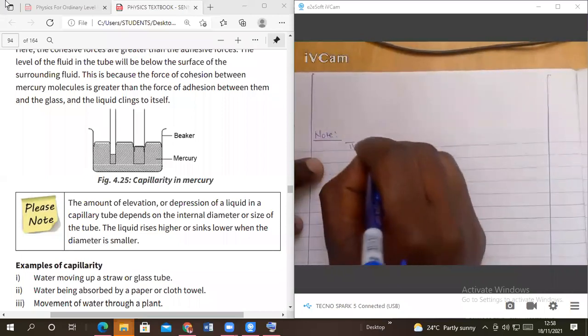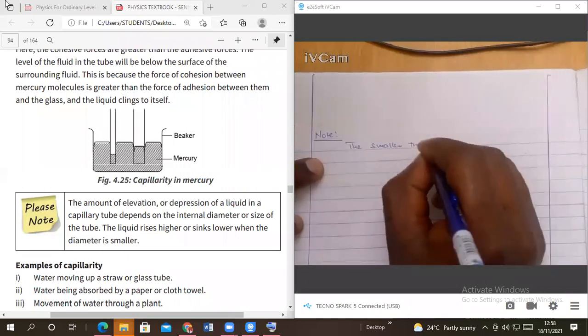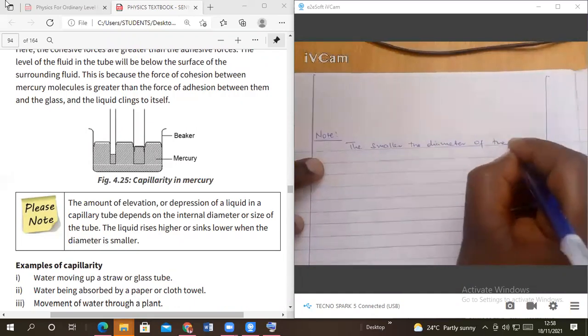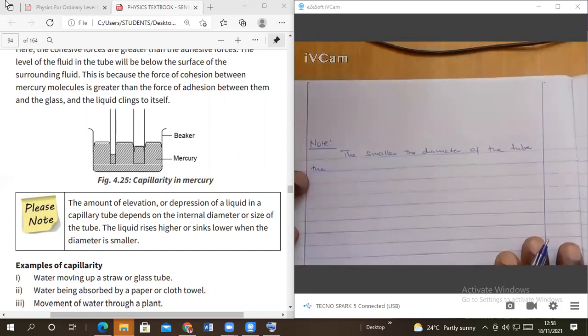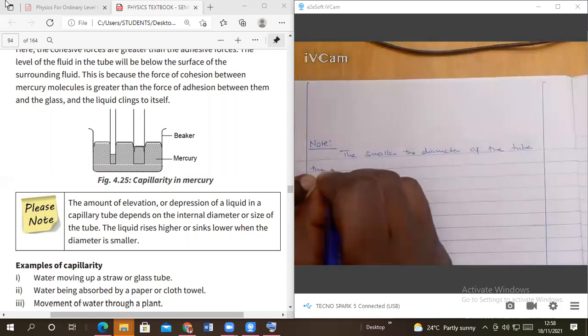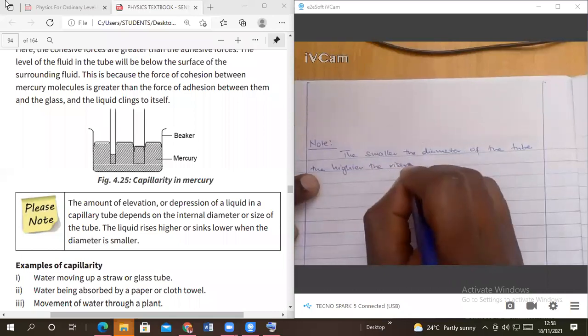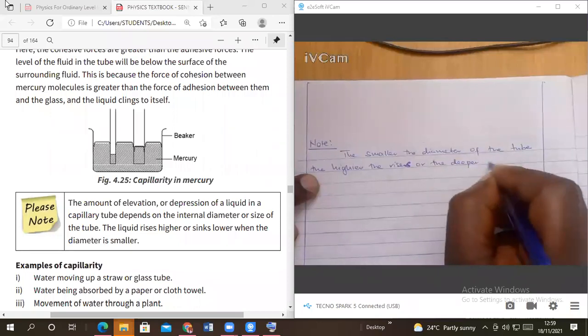The smaller the diameter of the tube, the higher the liquid rises, or the deeper it does what?